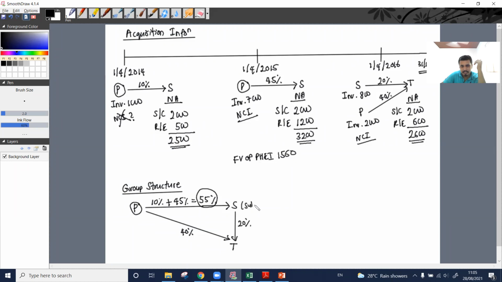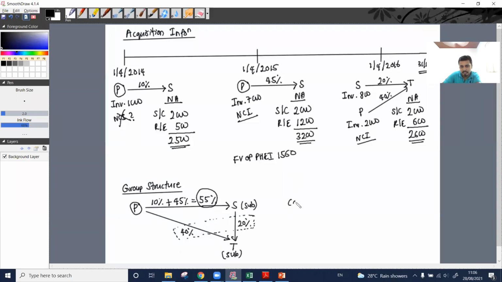And we have directly invested 40% and our subsidiary has invested 20%. Altogether, the parent and the subsidiary combined have invested more than 50% in T. It means P company has control over T. Therefore, T is also a subsidiary for P Limited.